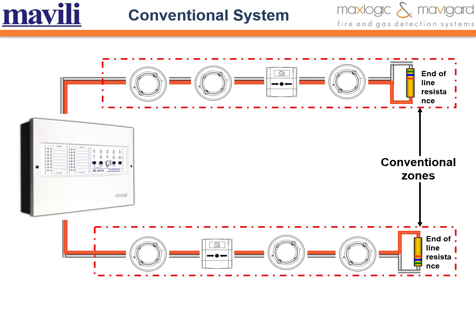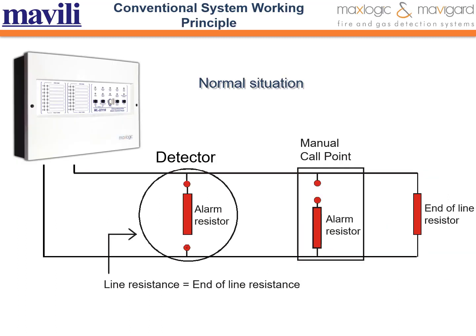In conventional systems, input devices such as detectors and buttons are connected to the zone line, and an end-of-line resistor is connected to the end of the line. Normally, the resistance value measured from the start of the line is the value of the resistance attached to the end of the line.